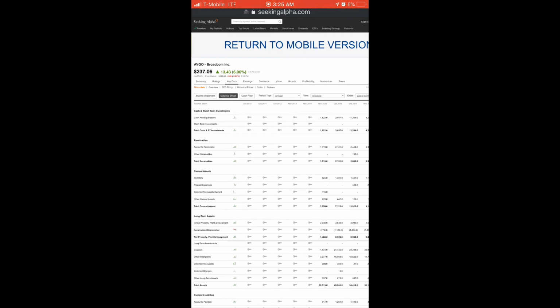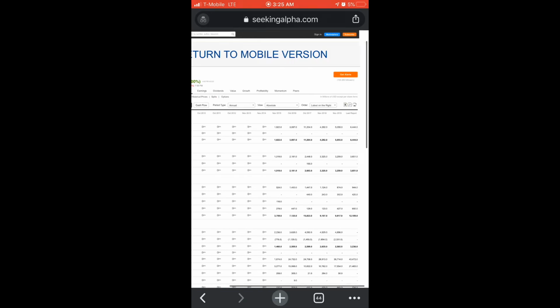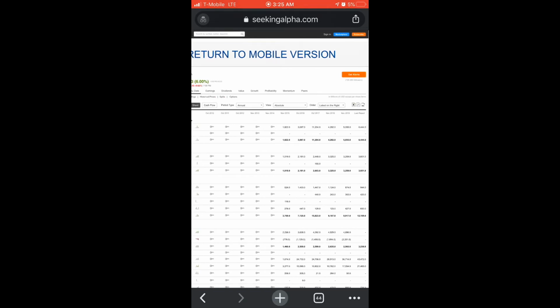And with Broadcom, you can see here that they've been increasing the cash amount. In 2015 they had 1.8 billion, and now they have 5 billion. So it's good. Here in 2017 they had 11 billion, but they made a huge investment.